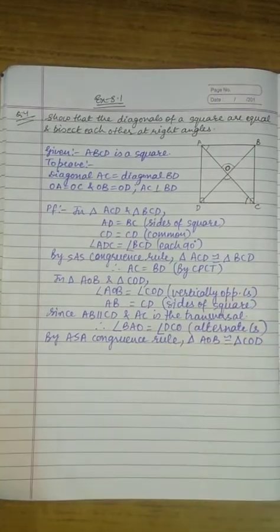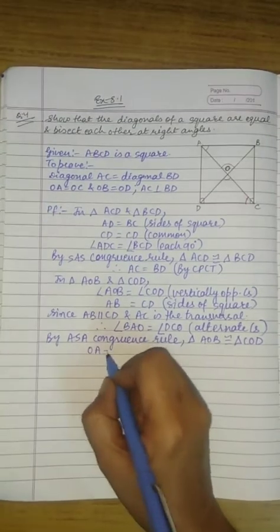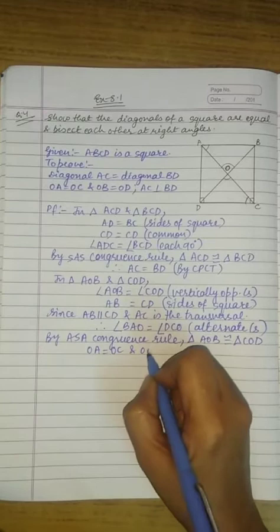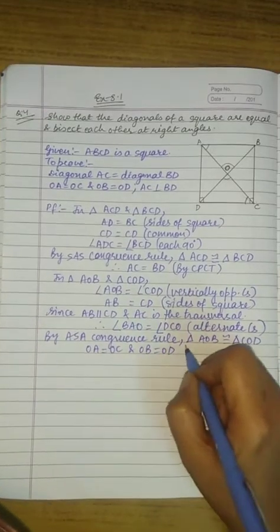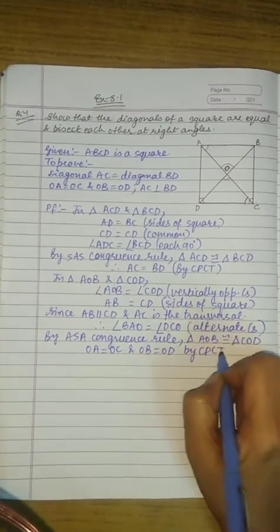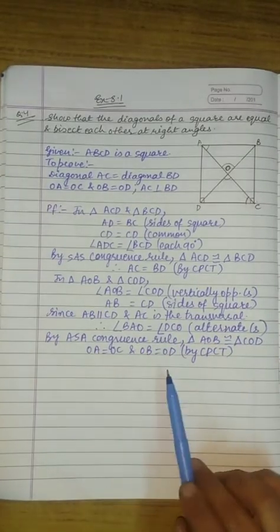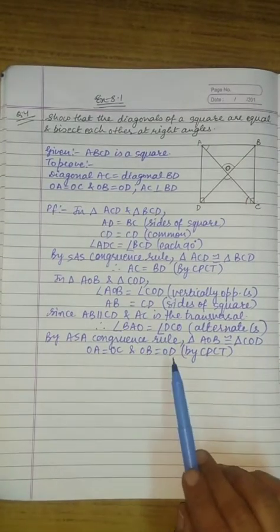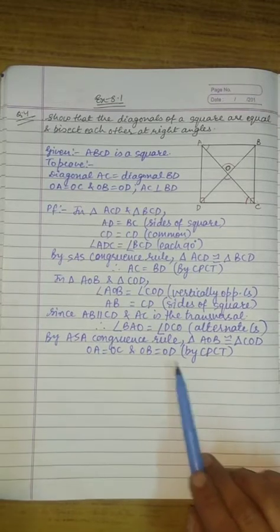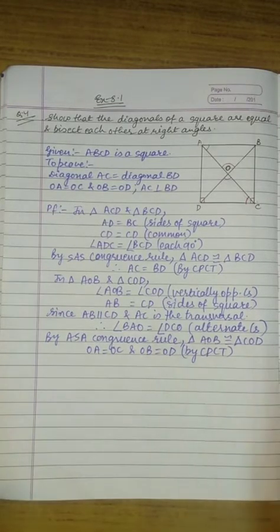If both these triangles are congruent, their corresponding parts are equal. So we will write OA is equal to OC and OB is equal to OD by CPCT. So our next part is also proof that diagonals of square bisect each other.